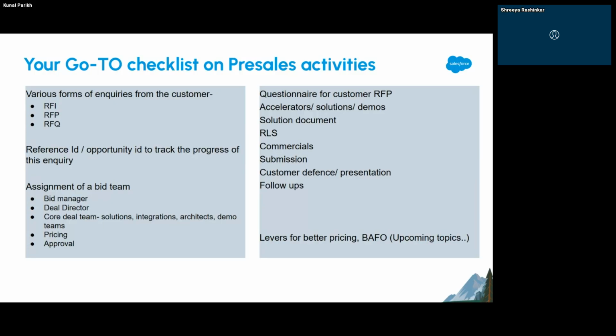So I'll just give a quick idea about when a customer is trying to approach you as a service provider or an implementation partner. There are ways and means through which the customer comes to you. Obviously, there are sales teams, client partners, or the front-facing people who talk to the customer day in and day out, whether it is a new business account or a brownfield account they are trying to expand into.